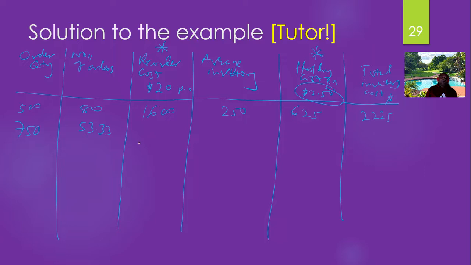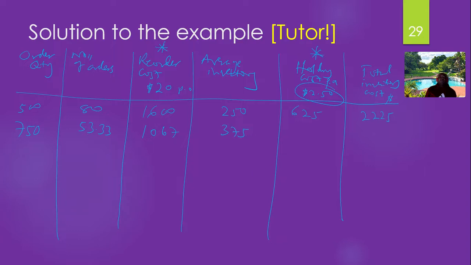So the reorder cost will be 53.333 multiplied by 20, and we come to 1,067. Okay, and then what's the average inventory? Average inventory, that's 750 divided by 2, we get 375.